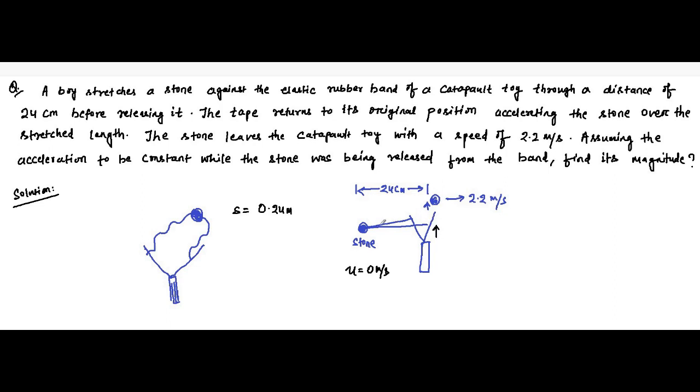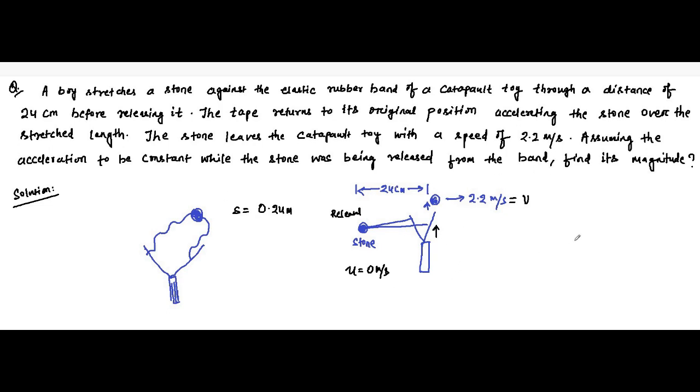Then finally, when the rubber band is released, the stone, when it reaches this point, its velocity is 2.2 meter per second. So this is the final velocity of the stone. So we have V, the final velocity, U, the initial velocity, and the stretched length, which is the distance or the displacement, because it is happening in a straight line.